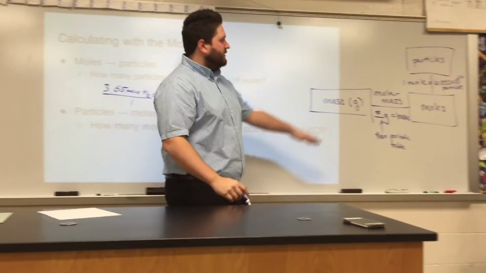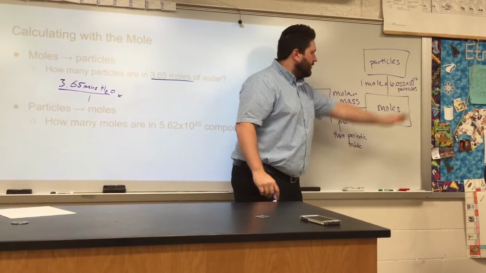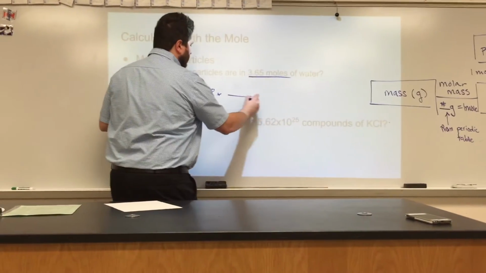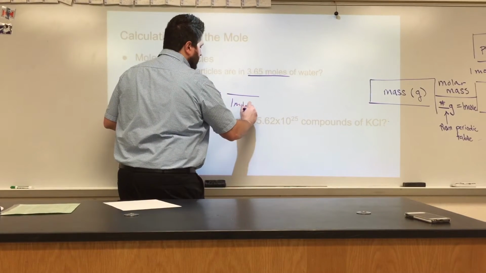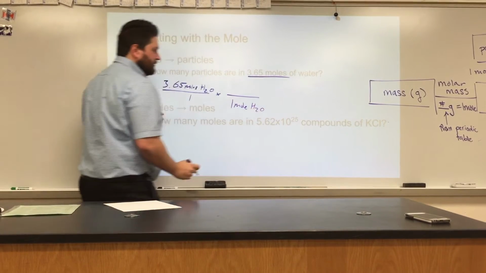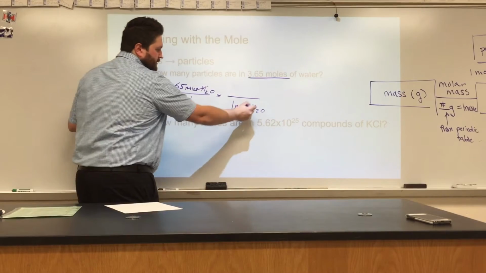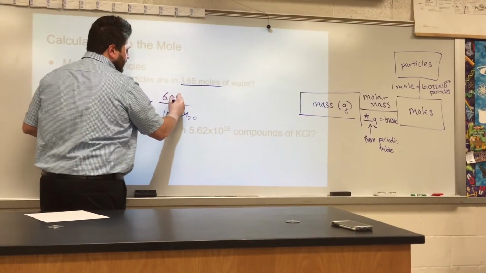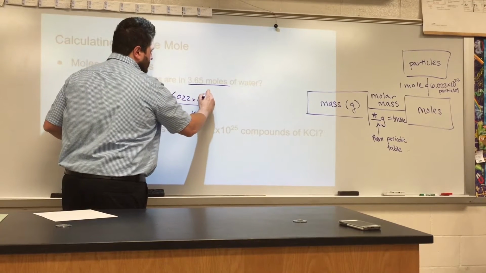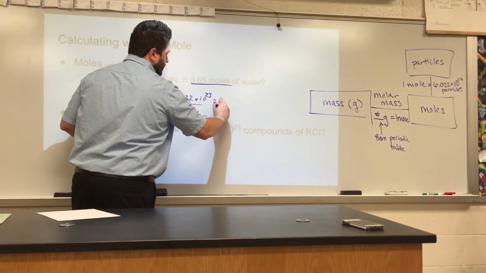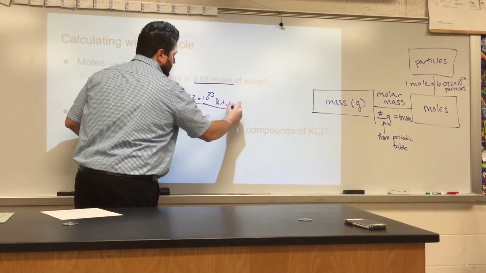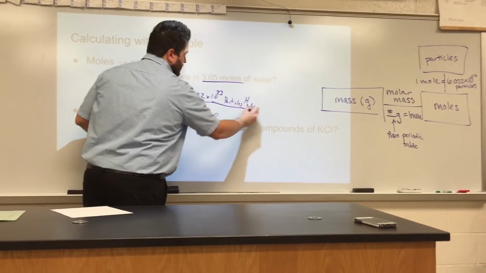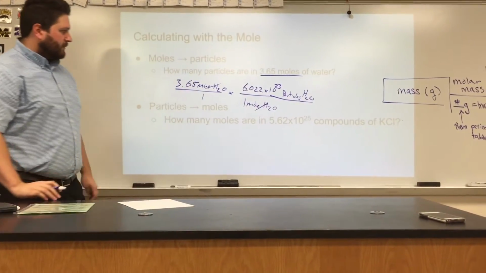If my conversion is between a mole and particles, that means that below I would need to put moles of H2O so that these units will cancel out. What's equivalent to a mole of H2O? It's 6.022 times 10 to the 23rd particles of H2O. Whoa. Crazy labels.